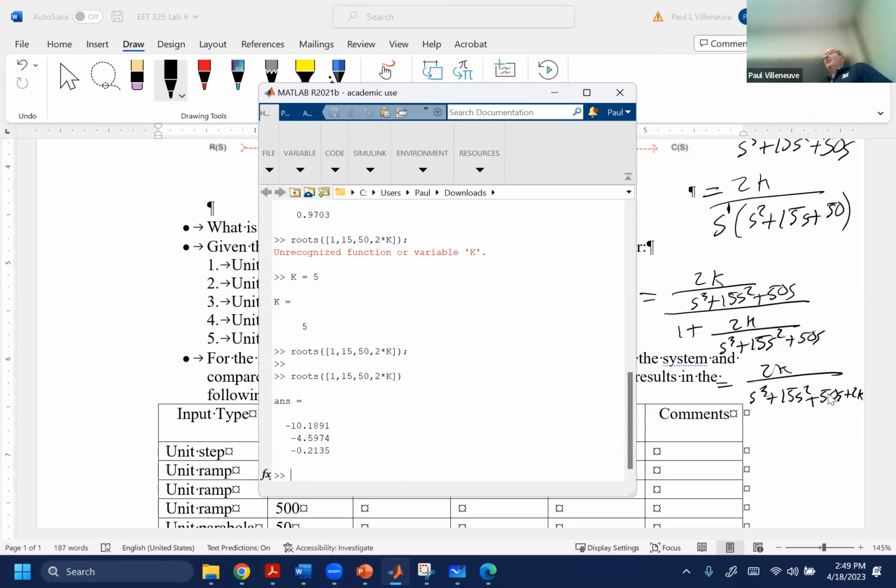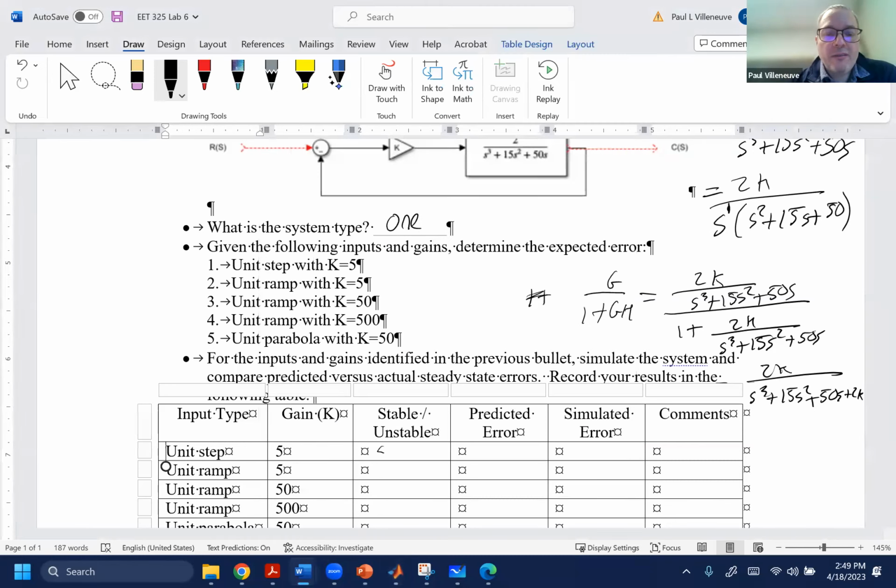So the first thing is, are all the roots in the left-hand half plane? The answer is yes, they're all negative. So this is stable, and it doesn't matter what the input is, the system will be stable regardless. So it's BIBO stable: if the input is bounded, the output is bounded.